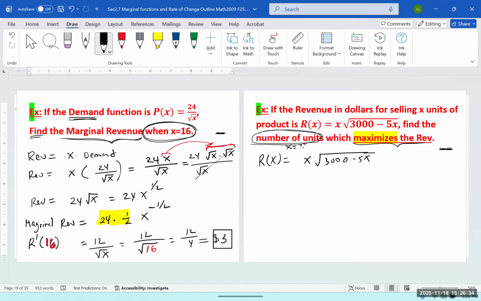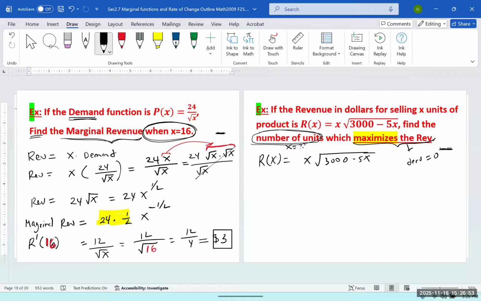So how do we maximize the revenue? What did I say at the beginning of the class? Maximizing or minimizing means what? Derivative is 0.